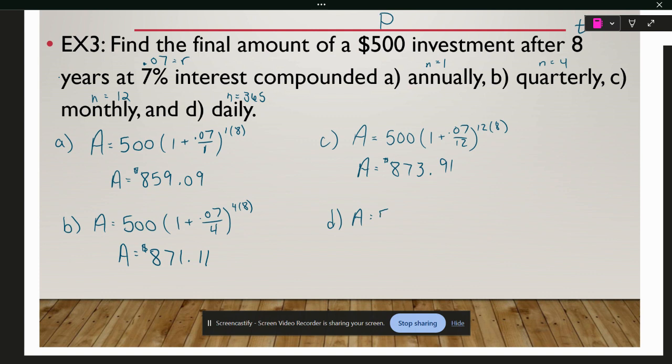And then our last one, which is daily. So 0.07 divided by 365 plus 1 to the 365 times 8th power times 500.